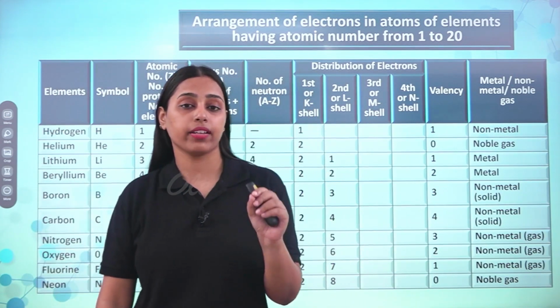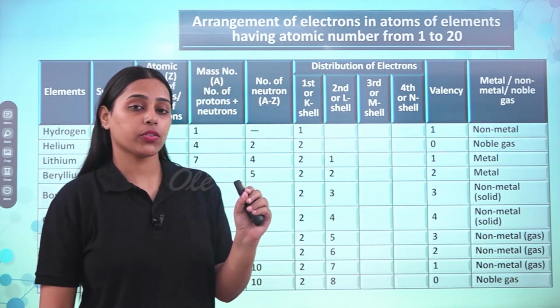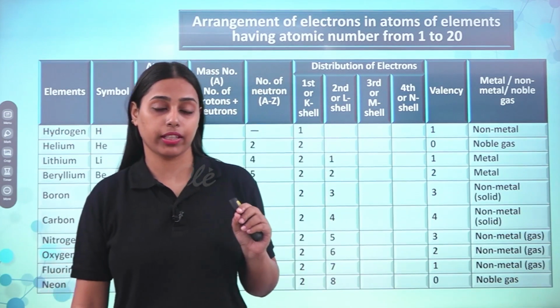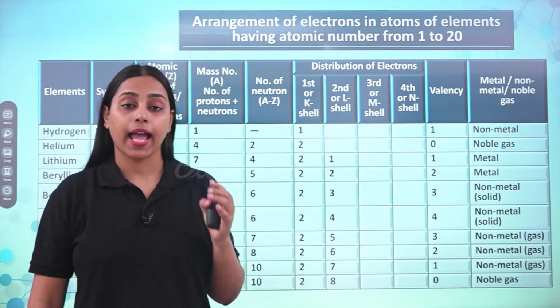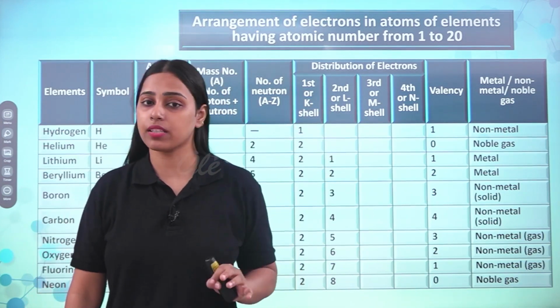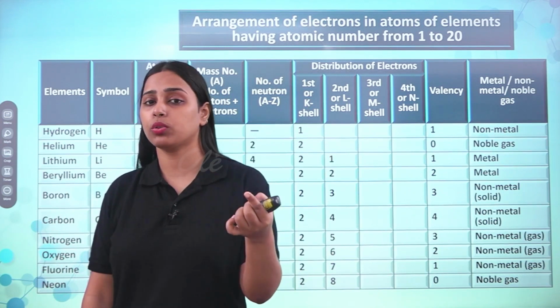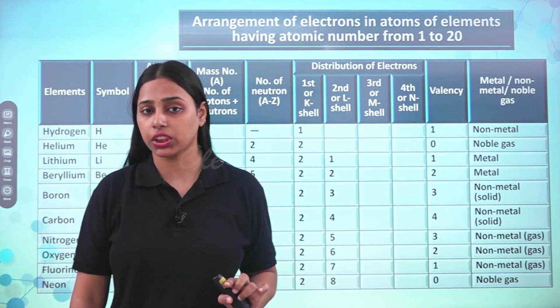Now, valency is what? The combining capacity of an atom when it reacts with any other atom, and it happens because of the presence of electrons in the outermost shell of an atom, that is the last shell.